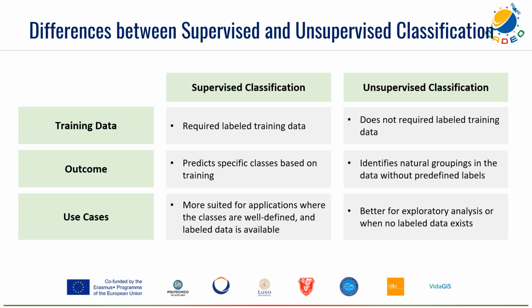If we're talking about the use case, supervised classification is more suited for applications where classes are well defined and labeled data is available. Unsupervised classification is better for exploratory analysis or when no labeled data exists.